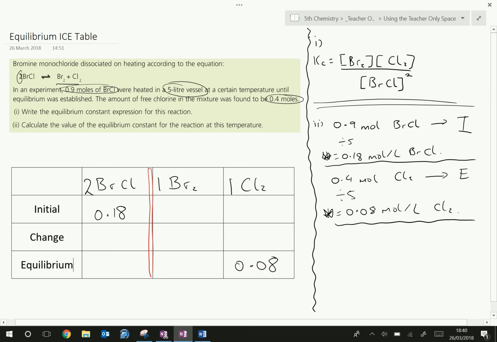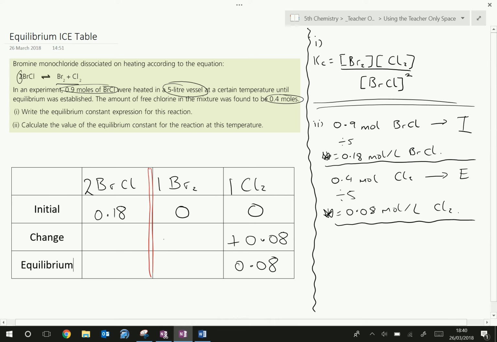Now what else can I fill in on this table? If we look at the initial values, we only had 0.18 moles per litre of the BrCl. That means I had 0 for the rest of my initial values. Looking at the table again, I had an increase of 0.08 moles in the case of chlorine.